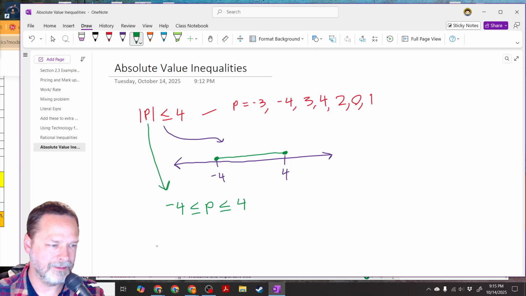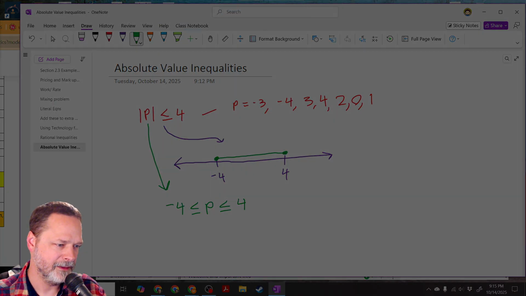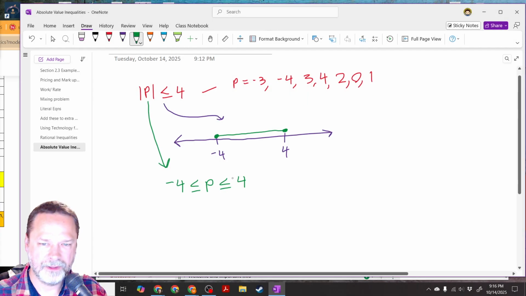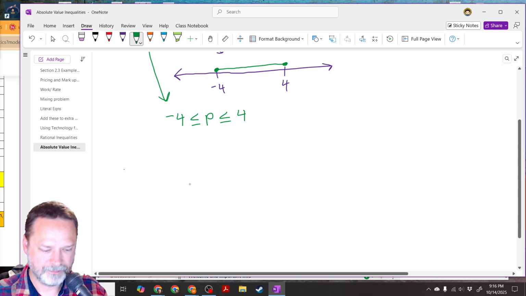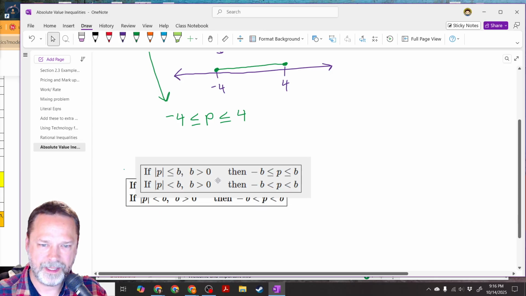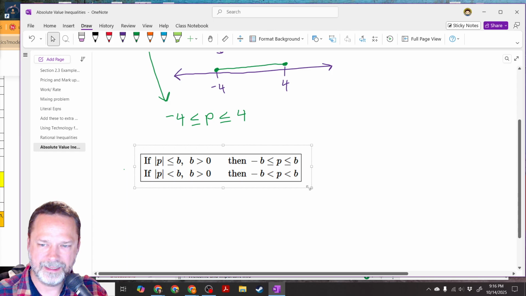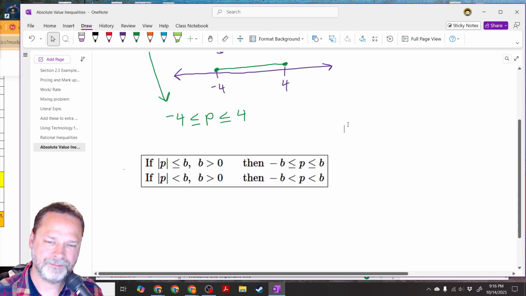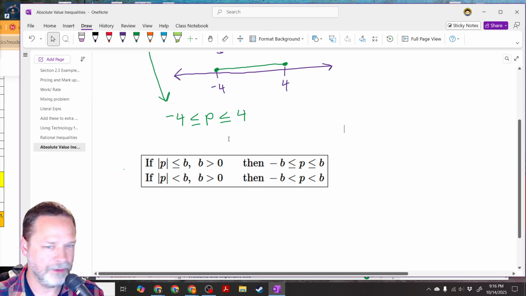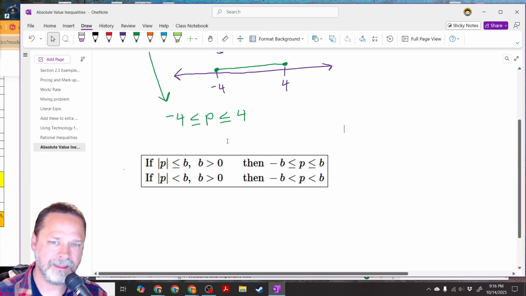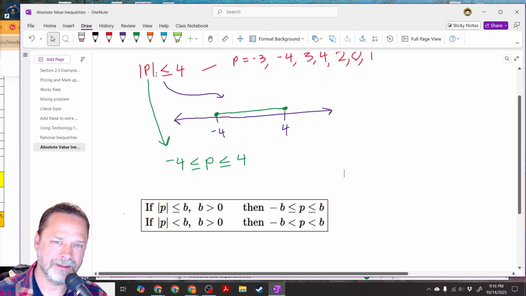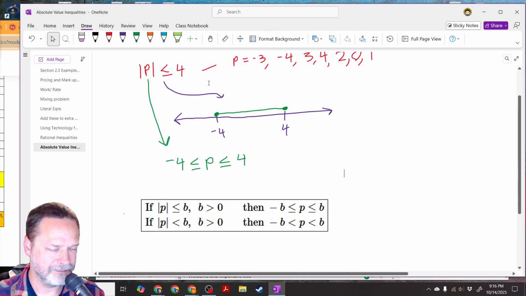And because of that, what we can do is we can say, hey, we got these rules now, and we can just follow these rules here. Bam. Right here. And that's what we're going to use to solve absolute value inequalities, at least when we have an absolute value that is less than or equal to something.